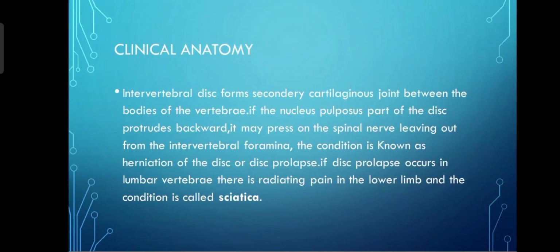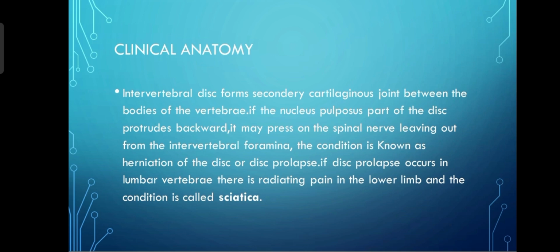So let's see the clinical anatomy. Intervertebral disc forms a secondary cartilaginous joint between the bodies of the vertebrae. If the nucleus pulposus part of the disc protrudes backward, it may press on the spinal nerve leaving out from the intervertebral foramina.